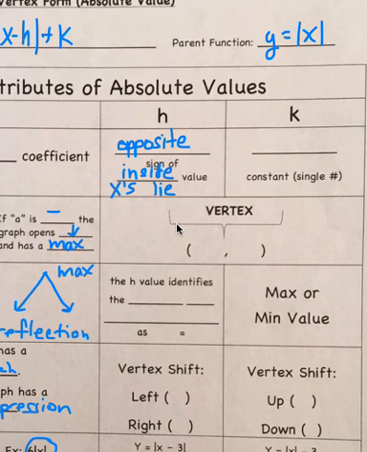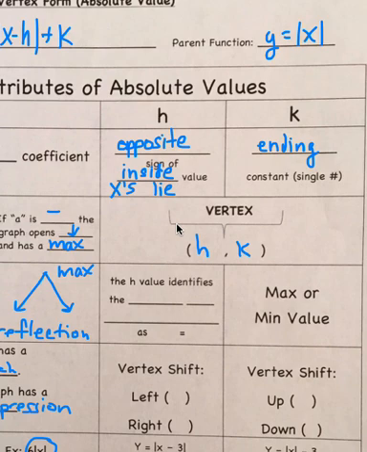Our k value is our ending constant. It's on the outside. Sometimes it can be at the beginning if it's something that's then added to the absolute value, but usually it's written at the end. It's a constant, it's a single number. Our vertex, hence the vertex form, is h, k, taking the x, y values.